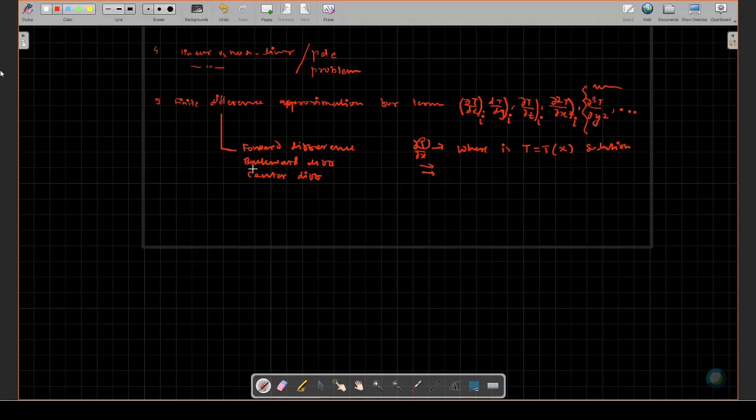Out of these three, we have seen order of accuracy analysis, because these are approximations, and we would like to know the order of approximation.